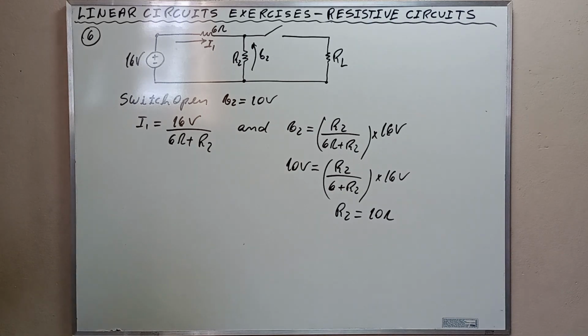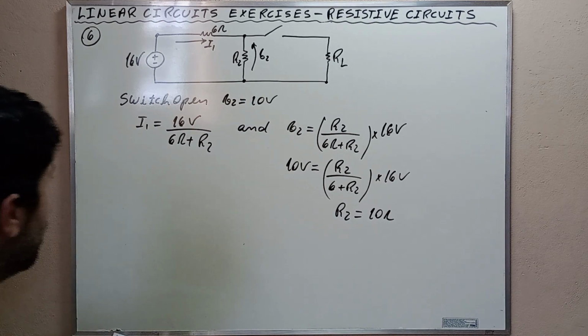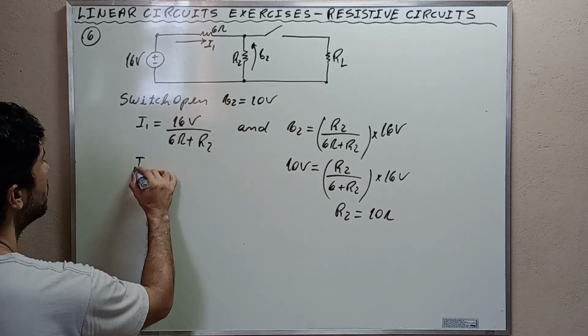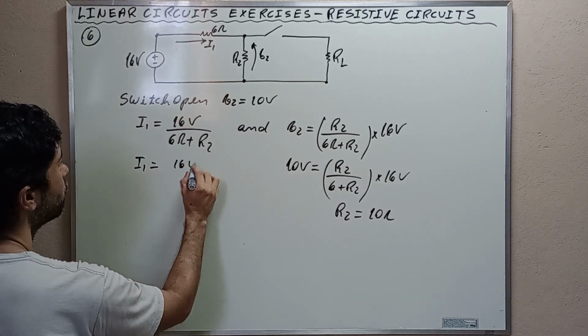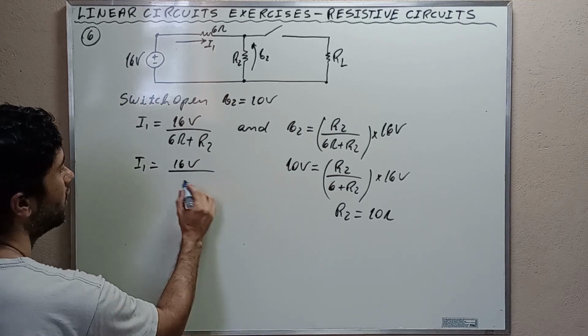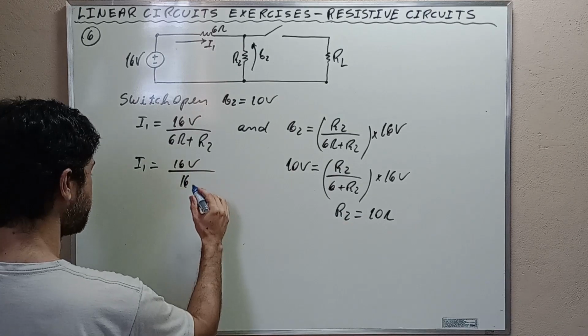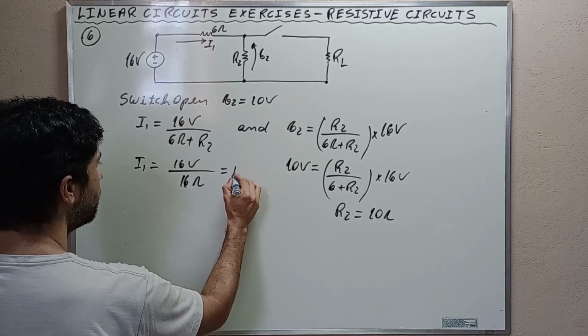And if we are interested, we can use the value of R2 here to calculate I1. It is going to be 16 volts divided by 6 plus 10, 16 ohms, and this is 1 amp.